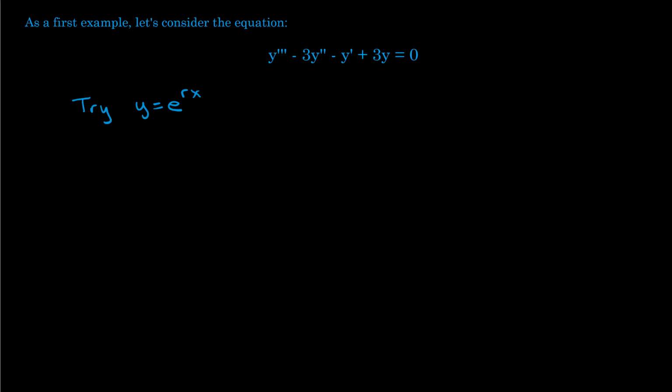Y is e to the rx. Y prime is going to be r times e to the rx. Y double prime works out to be r squared e to the rx, and y triple prime is going to be r cubed e to the rx, and I suspect you see the pattern that's developing here.